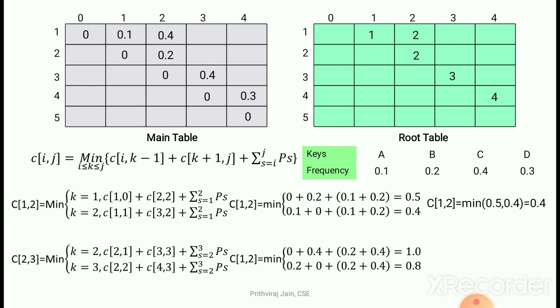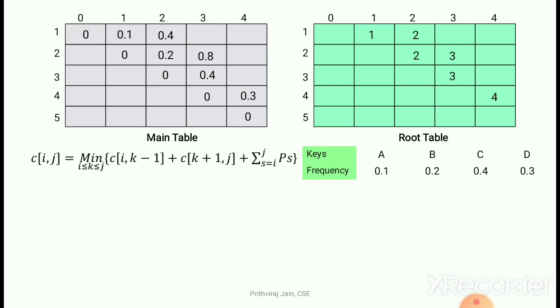So C of 2 comma 3 will be equal to minimum of 1.0 and 0.8, which is 0.8. Let us fill that in the main table, and 0.8 is the value that we got when k is equal to 3. So let us update it in the root table as 3.